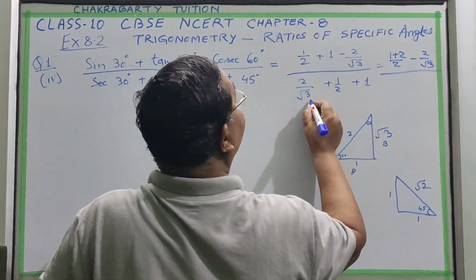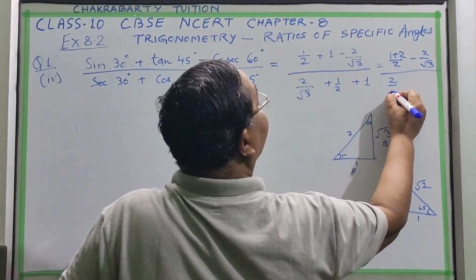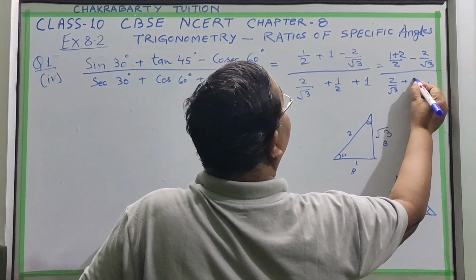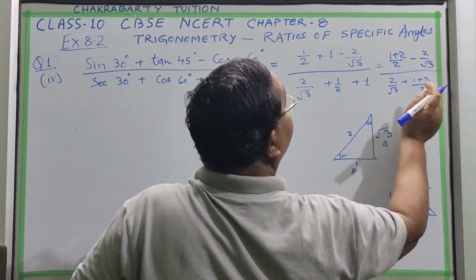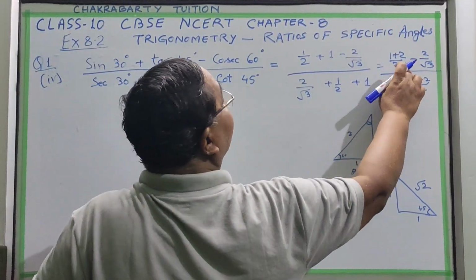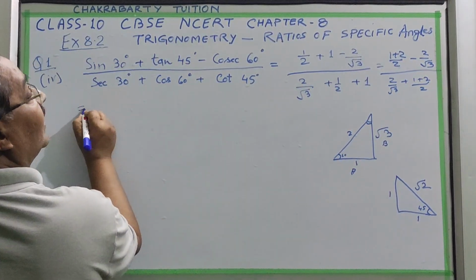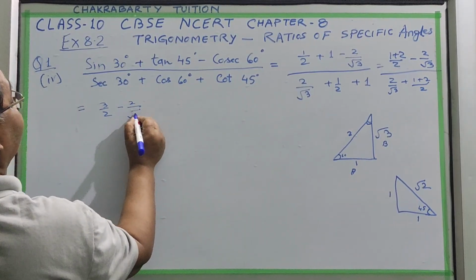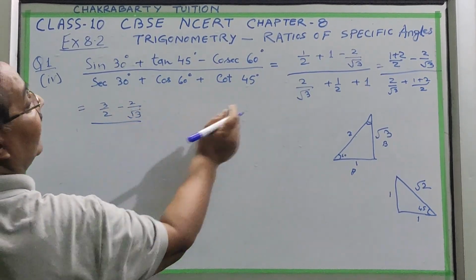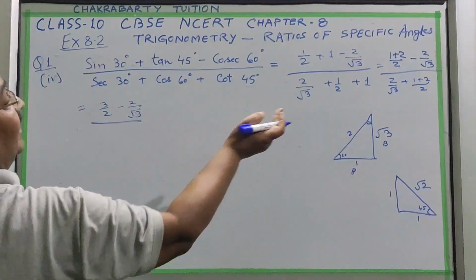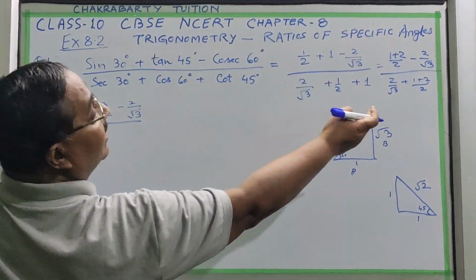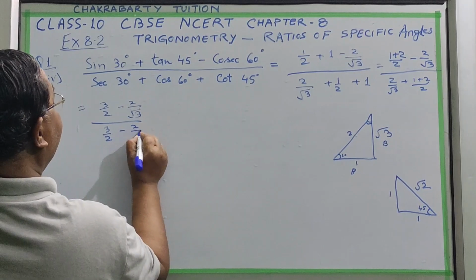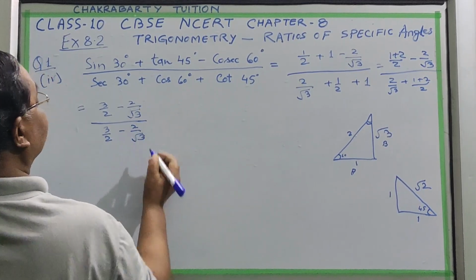And here, 2 upon under root 3 and plus, again in LCM 2, so 1 plus 2 it will become. This is LCM and this is also LCM. So from here what we will get? 3 upon 2 minus 2 upon under root 3. This is the upper side. And the lower side we can write in this way also: 3 upon 2 minus 2 upon under root 3. So this we have got.